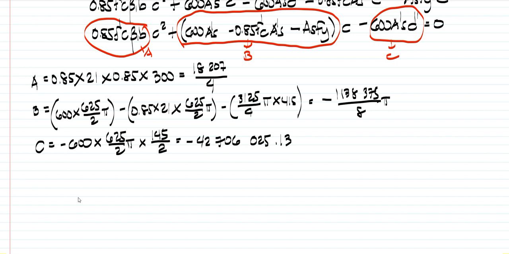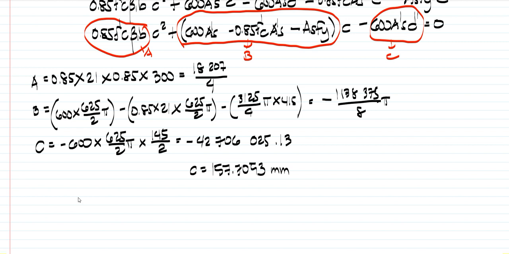Now that we have the three, we can get the roots using the quadratic equation function of our calculator, or we can use the quadratic formula. Using the quadratic equation function of our calculator, we take the most appropriate value of c, which is equivalent to 157.7053. This is in mm. This is now our c.